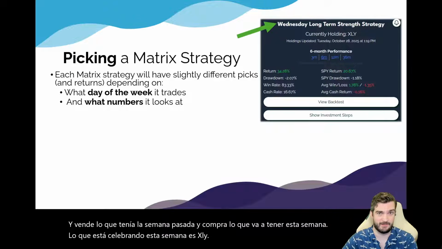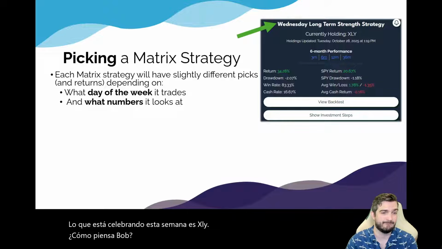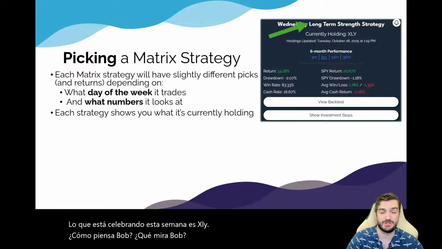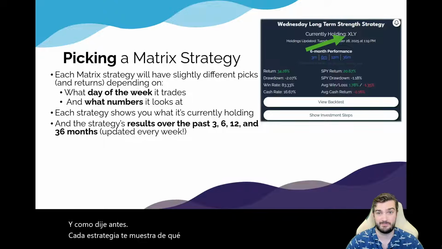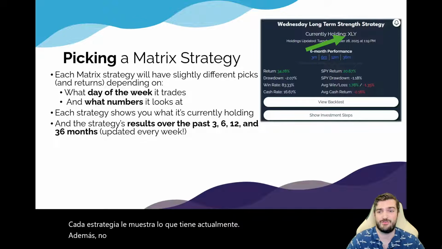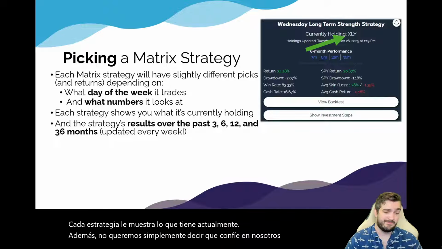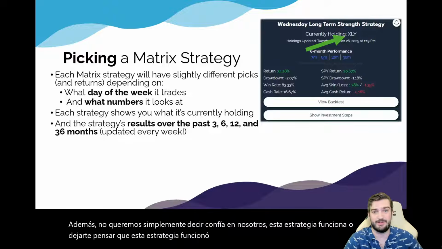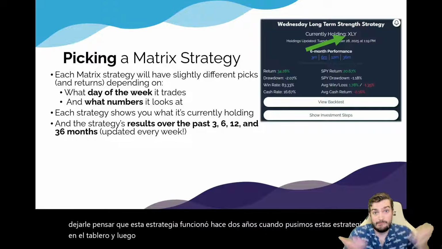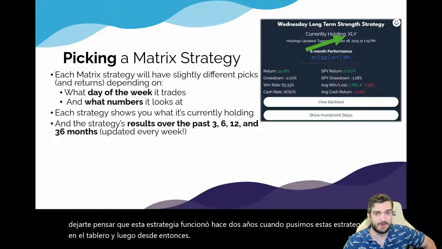How does Bob think? What does Bob look at? Well, Bob looks at long-term strength. And as I said before, each strategy shows you what it's currently holding. Plus, we don't want to just say, trust us, this strategy works, or let you think that this strategy worked 2 years ago when we put these strategies up on the dashboard, and then since then, we hope it still works.